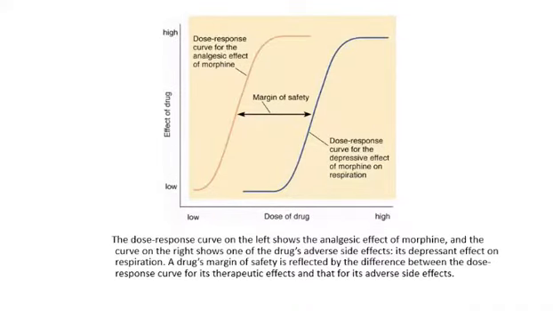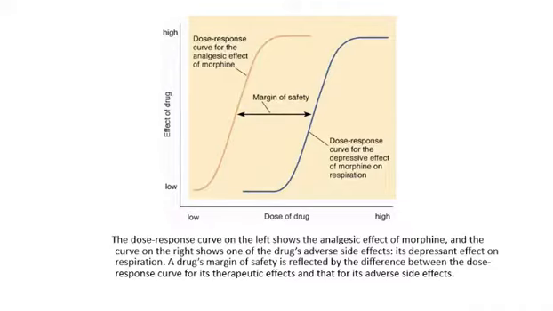This illustrates the dose-response curve for a positive type of effect of a drug, pain relief or analgesia, and this is a dose-response curve for the depressive effect of morphine on respiration. And we have this other concept called the margin of safety.